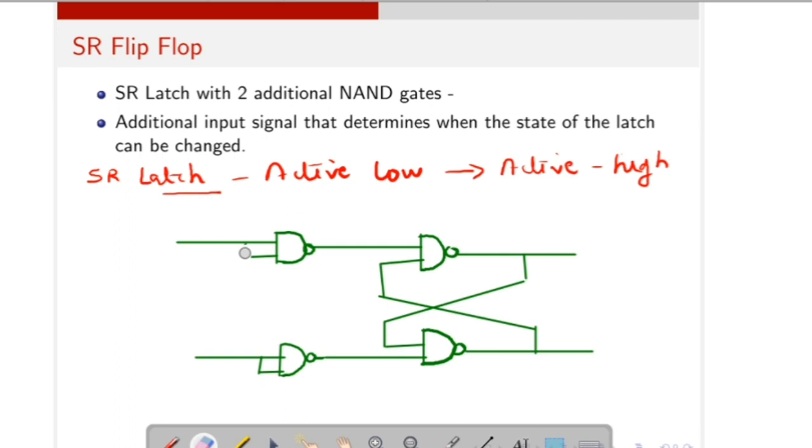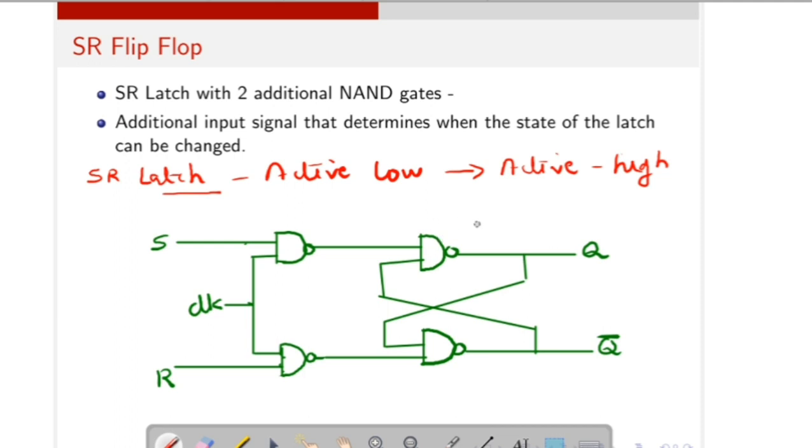We give a second input, a clock signal, to the two NAND gates. Here clock is represented by CLK, and here are the S input and R input. Then here are the outputs Q and Q bar. So this is the diagram of the SR flip-flop.